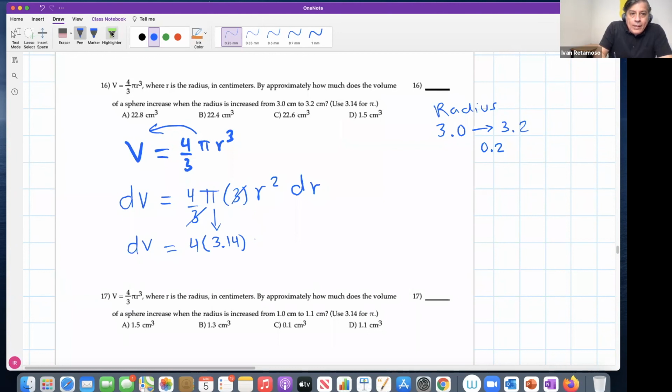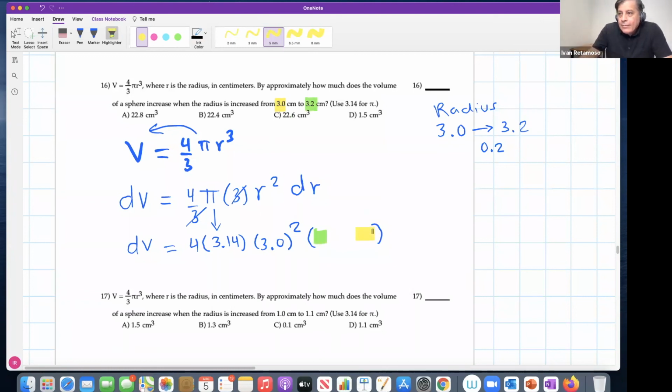When you have these two r's, always use the first one, the original value, 3.0, squared. dr is the differential of the radius, so what you're going to do is subtract last minus first. Maybe we can use colors here. Last minus first. Follow, guys?